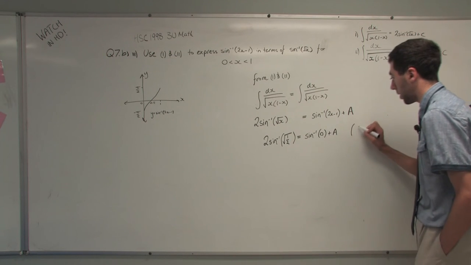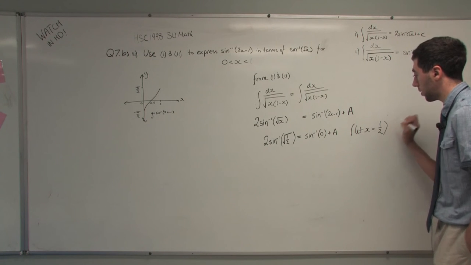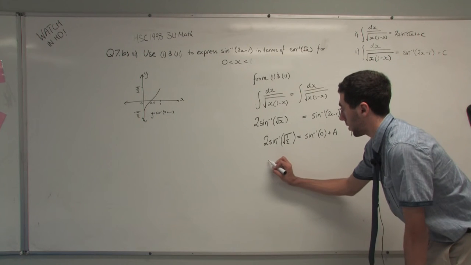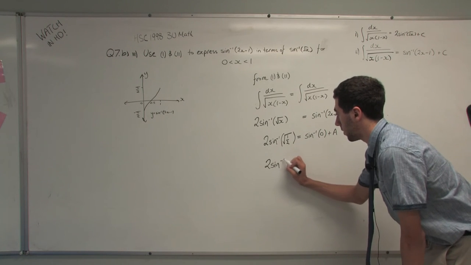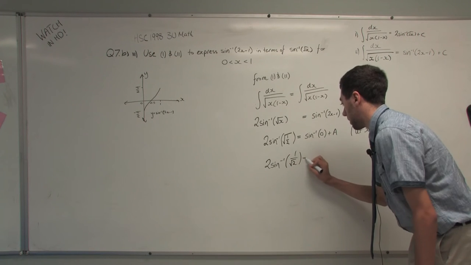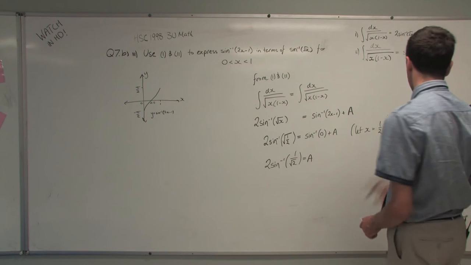So simply what we've done here is we've let x equal 1 half. Sine inverse of 0 is 0. So now we're left with 2 sine inverse 1 over the square root of 2 is equal to our constant a. A is equal to 2 times sine inverse 1 over root 2.